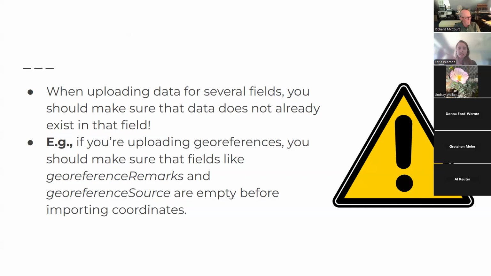But someone else, like in your spreadsheet, put those coordinates in. In that case, what you could end up getting is coordinates and then georeference remarks that say, we couldn't georeference this, don't bother, because those were put in using different methods. The one was just entered in the portal, and then one was imported in as a skeletal file upload. So just be aware of that.